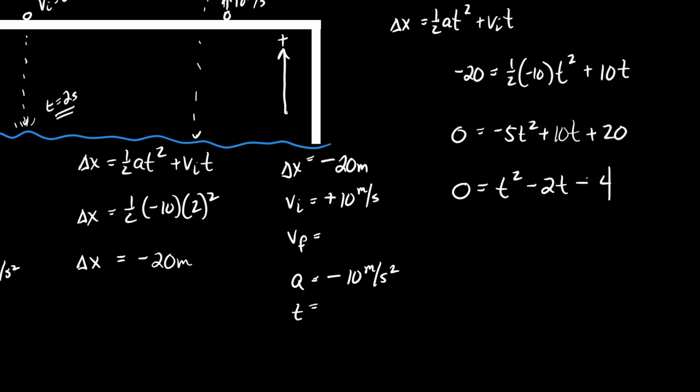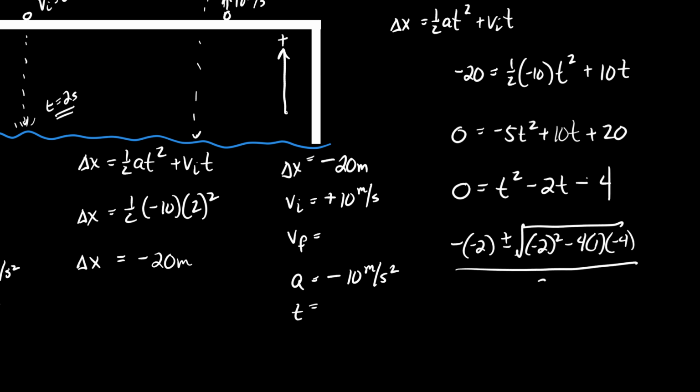That leaves me with -b plus or minus the square root of b squared minus 4ac divided by 2a, or use your calculator. I don't have a calculator, so 2 plus or minus the root of 4 plus 16, divided by 2.